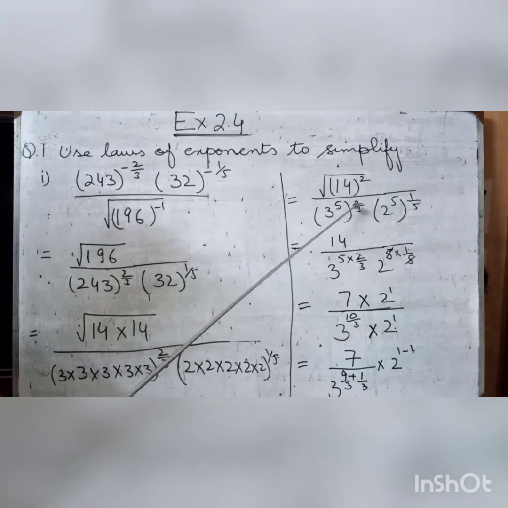Using the law of exponents: 5 multiplied by 2 over 3 and 5 multiplied by 1 over 5, it cancels with 5 and 5. Then 5 multiplied by 2. Prime factors of 14 are 7 and 2, so 3 raised to power 10 over 3 multiplied by 2. Use the law of exponents: 2 over 2, 2 raised to power 1 minus 1.